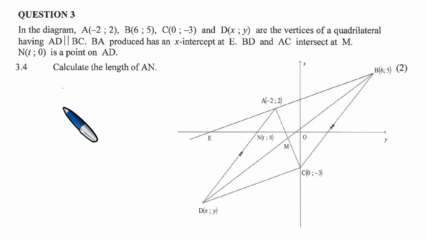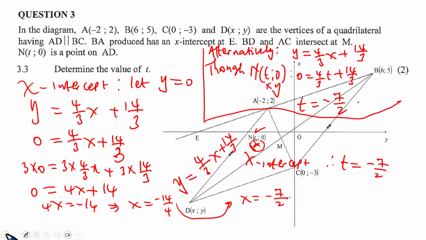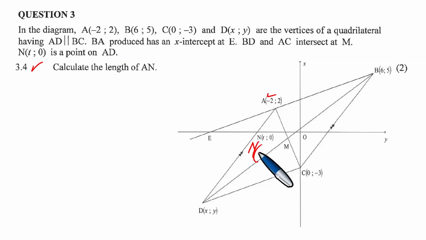Next question. The information above still remains the same, but in 3.4, we want to calculate the length of AN. We want to find the length of AN. Already we know the numerical value of t is minus 7 out of 2, so we put it here: minus 7 out of 2 and 0.